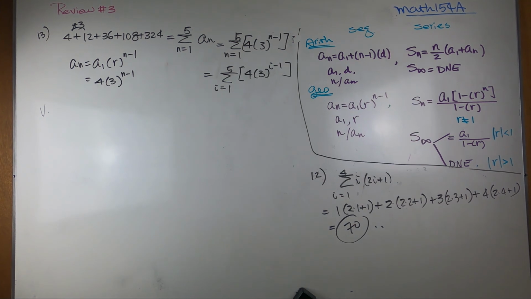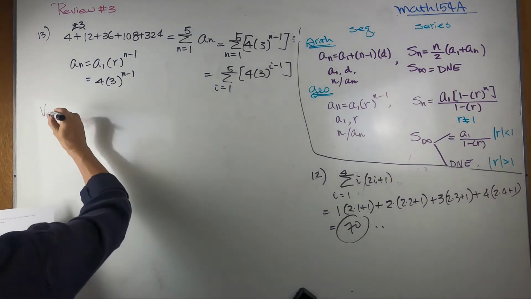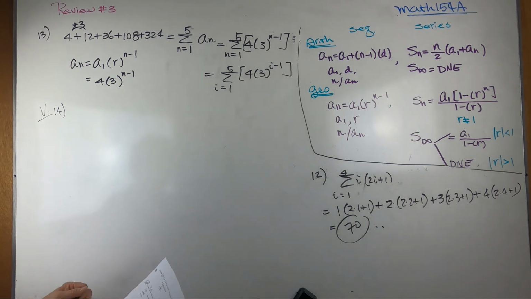Then let's do some applications. Some of them are geometric, some of them are arithmetic. You just decide, okay? So number 14, page 5. It says, it is mosquito season and the population of little pests is growing rapidly. In fact, each day the population is 5 times larger than the day before.